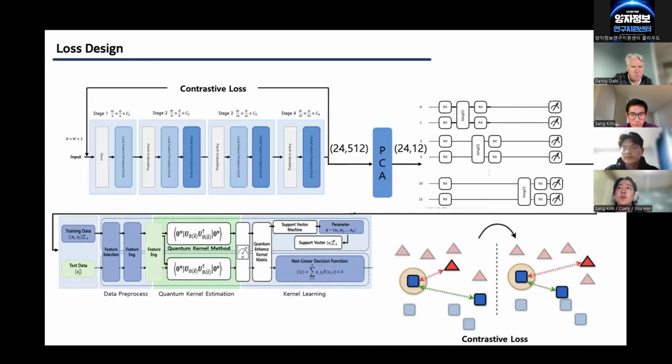To extract more meaningful feature maps, we applied contrastive loss to the 512-dimensional features produced by the base model. The goal was to pull together samples from the same classes while pushing apart those from different classes in the feature space.